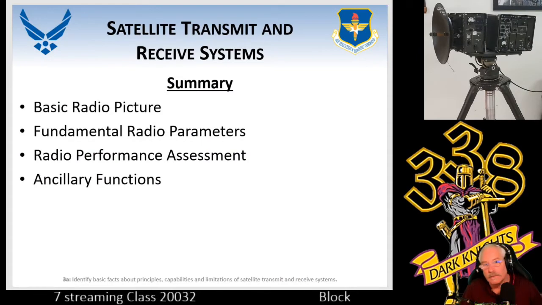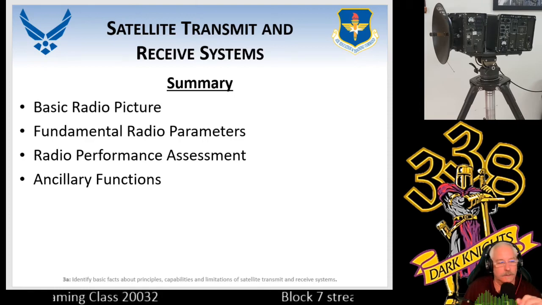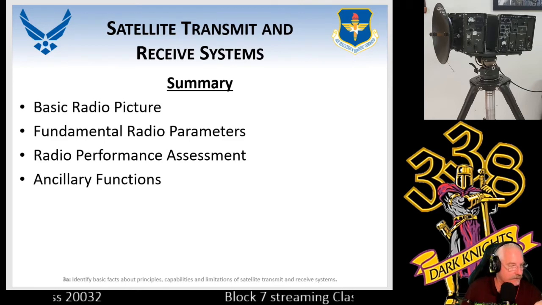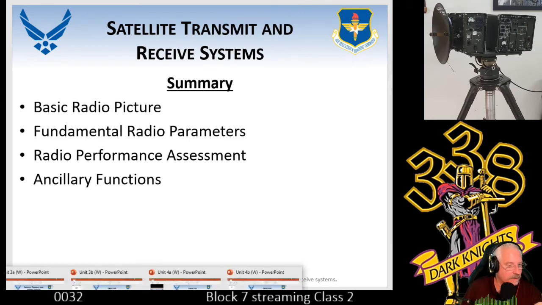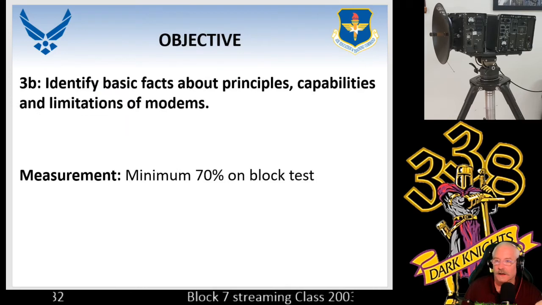So we looked at the summary, basic radio picture, fundamental radio parameters, radio performance assessment, and ancillary functions. Let's look at the next one, which is identify basic facts and principles, capabilities and limitations of modems.